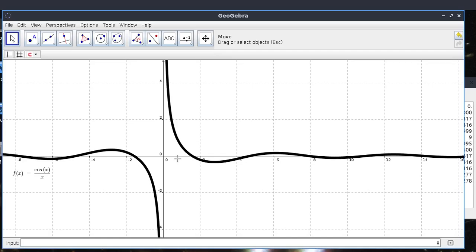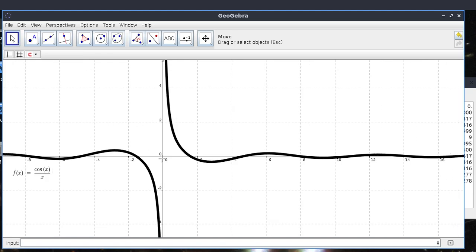Now, previously to this video, we looked at two videos, one of which showed that the limit of cos x divided by x as x tends to 0 did not exist.